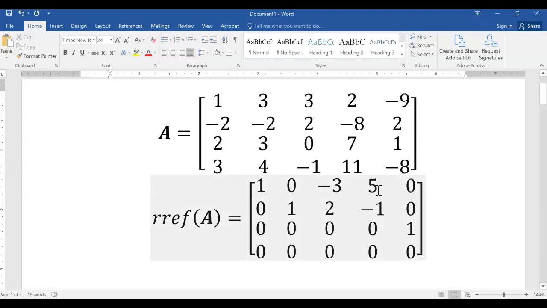We can move the 5x4 to the other side by subtracting 5x4. Then our second line would have been x2 plus 2x3 minus 1x4. Again, we can move the x3 and x4 to the other side if we wanted to. And notice this last line is going to say x5 is equal to 0. Remember, we're omitting the 0 column there. But x5 is equal to 0.